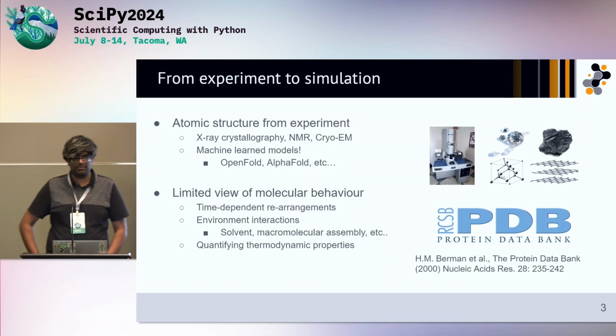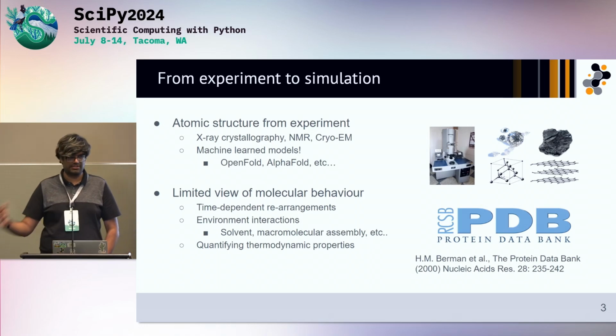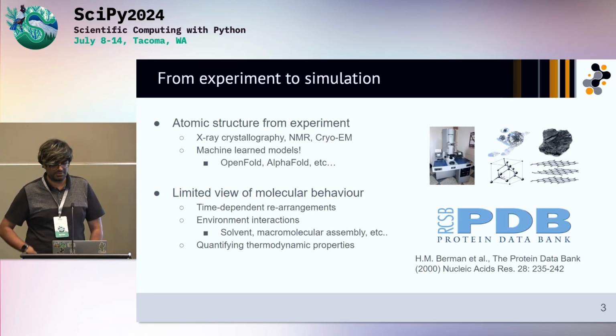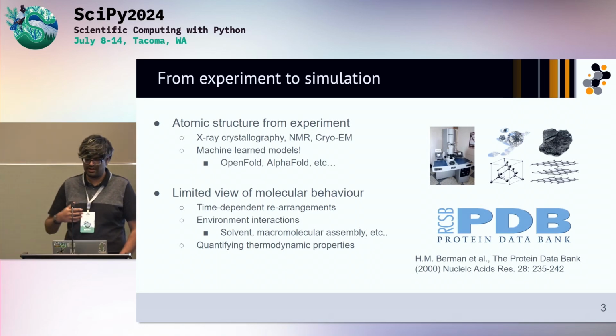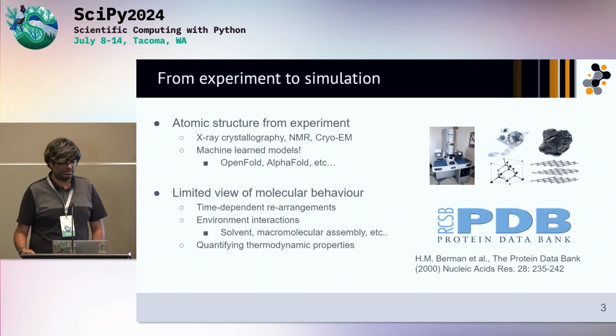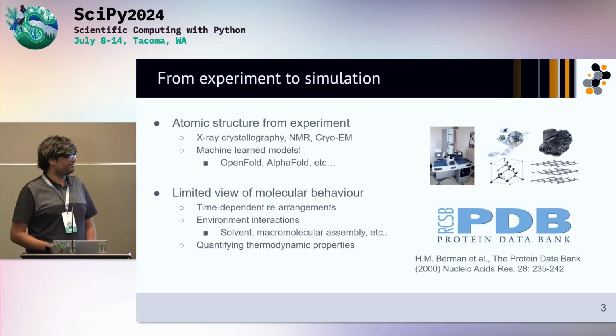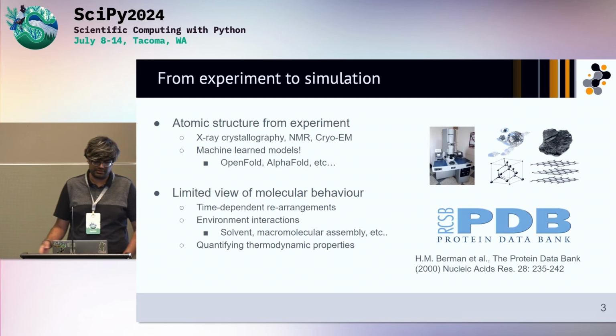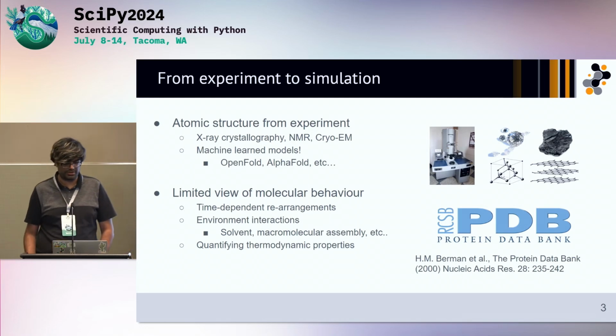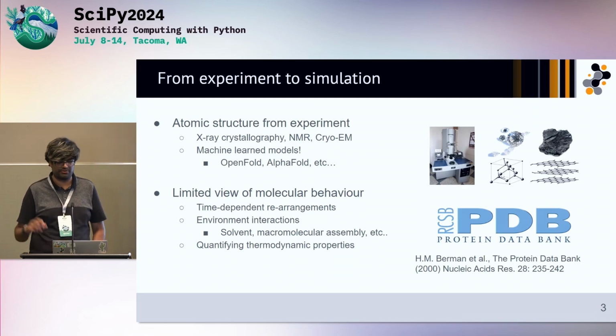So experimentally, we can get good information about atomistic details of molecular systems, particularly biomolecular systems. We've had lots and lots of great work on this. There are various methods like X-ray crystallography, NMR, cryo-EM, and so on that can get really good, accurate models of biomolecular systems. And you can see the PDB is a good example of this.